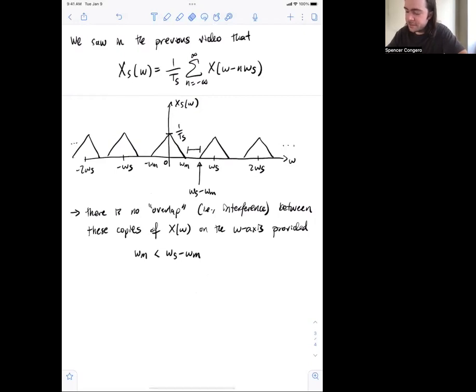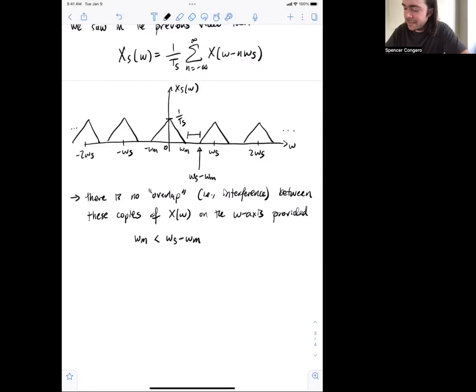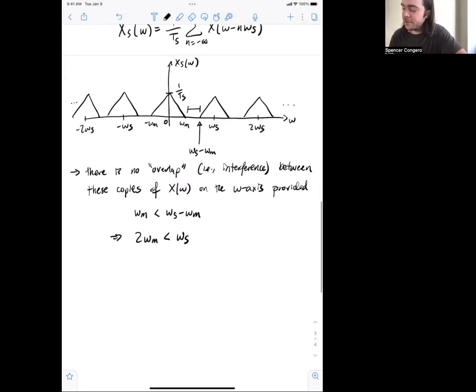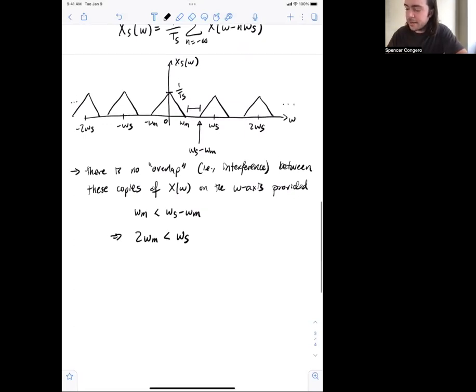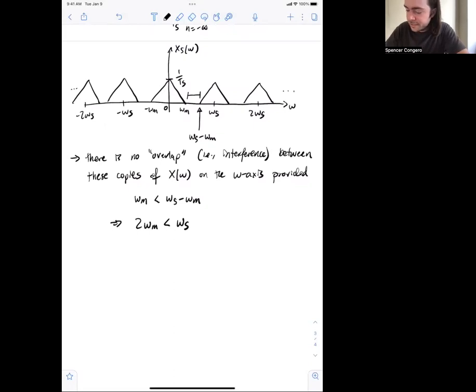This condition is true. You can just see it looking at the picture. And we're going to slightly rearrange that, bring the omega m to the left side. And this says 2 omega sub m is less than our sampling frequency. So as long as 2 times the maximum frequency is less than the sampling frequency, we're going to get this gap between our triangles, which is going to be useful for us. And we'll come back to this condition a little later. So what is this saying?